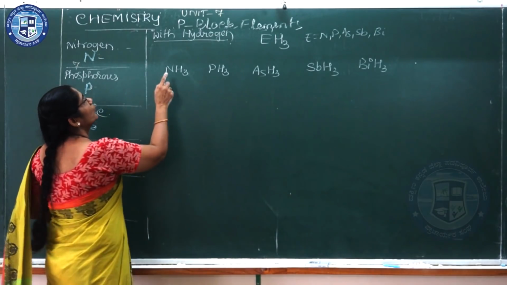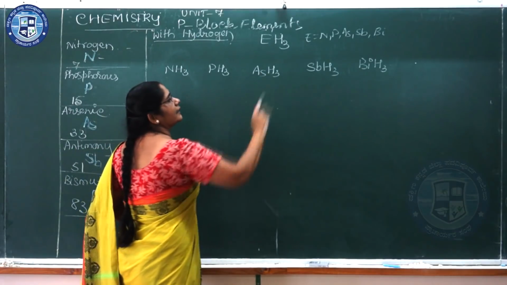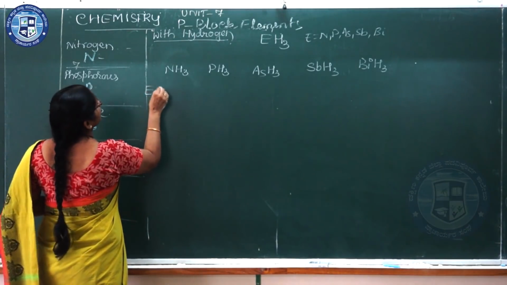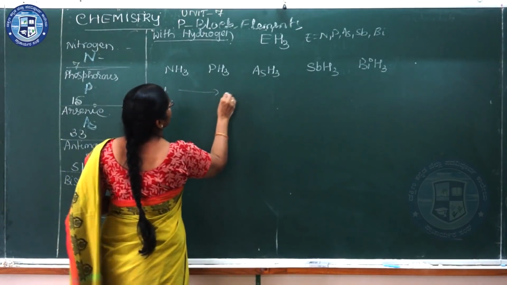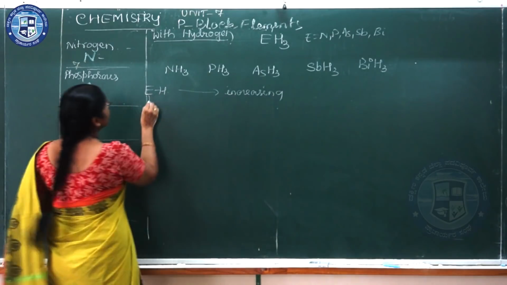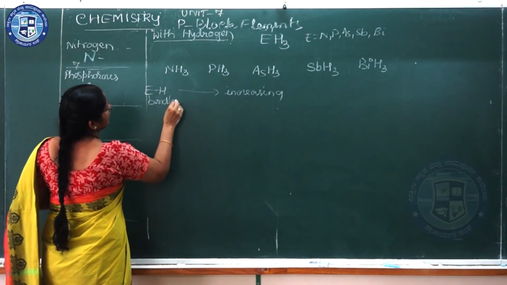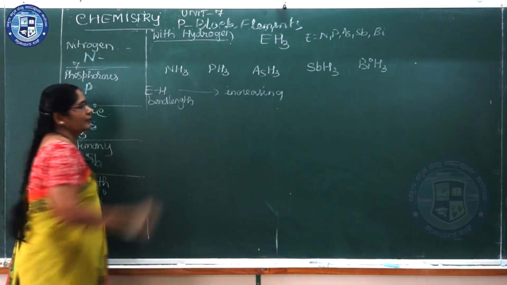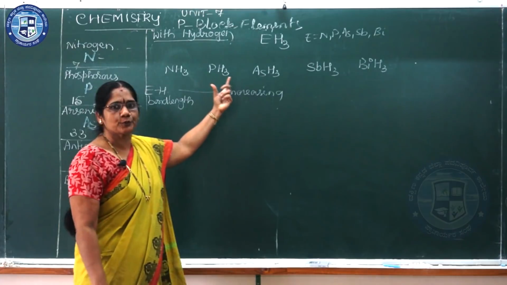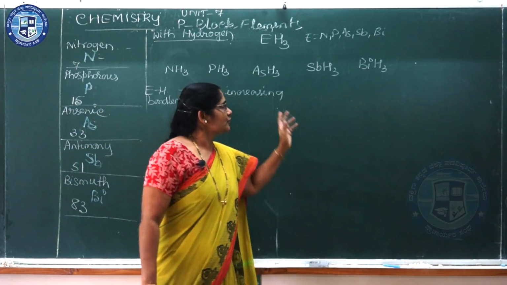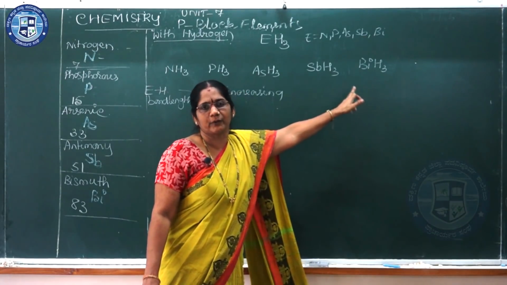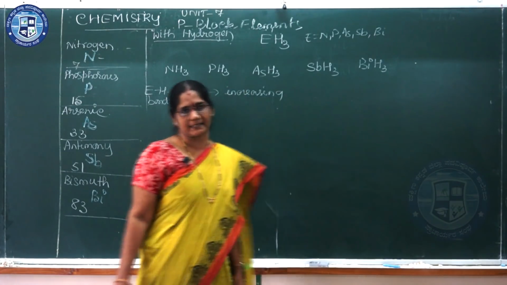Now when you move from ammonia to bismuthine, the bond length of E-H goes on increasing. The N-H bond is smaller, then the P-H bond is slightly bigger, and the longest bond length between the element and hydrogen is in bismuthine.